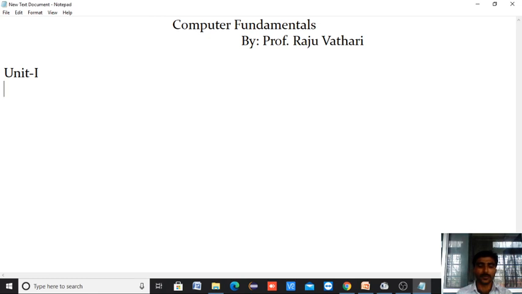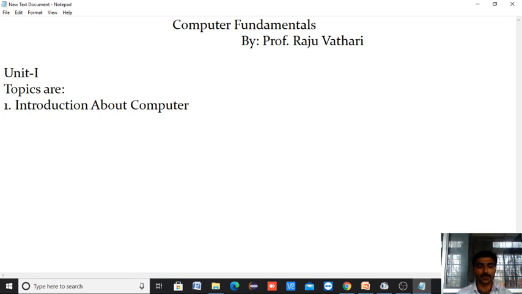So in unit 1, today we are going to discuss these topics. The first one, the introduction about computer. Okay, the first concept we are going to discuss is the computer introduction.